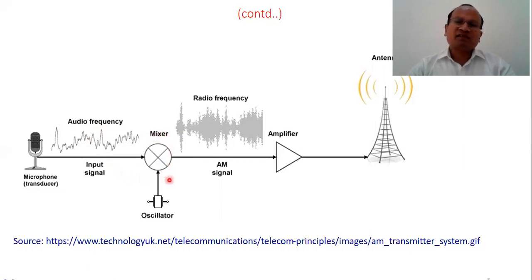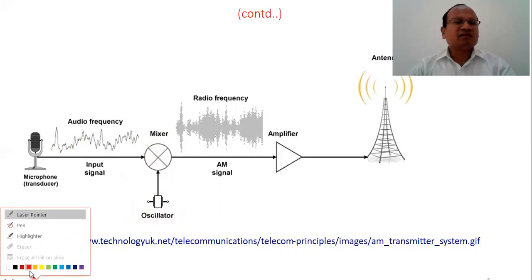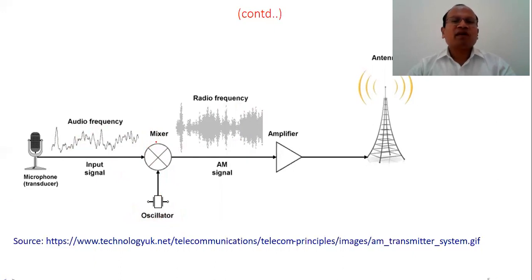This mixer actually is the modulator here, which mixes the signal which is coming from the oscillator, look at here, and the signal which is being received by the microphone. Both are mixed. We get, you can see here, roughly, let us use a pen. You see here roughly this is your amplitude modulated signal, right?